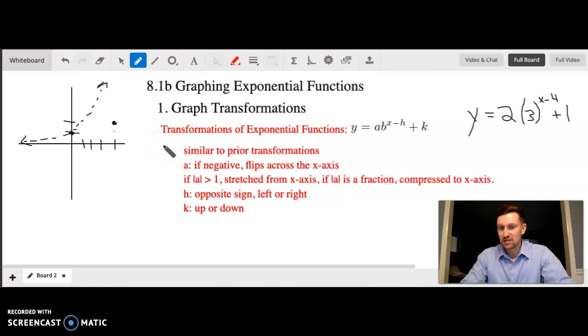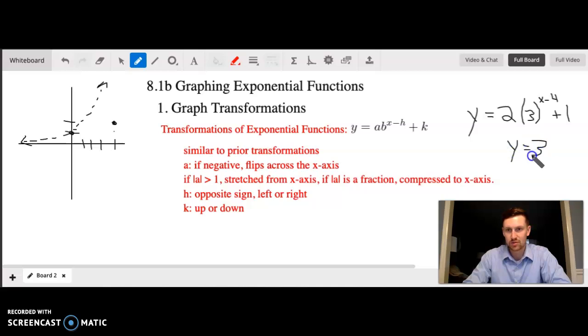Now the tricky part with these is that the x-axis is your asymptote, and that also can move. And that's the tricky part, is where to graph these. So let's look here. Essentially what happened is that we have our normal exponential graph, okay, which would be something like this, y equals 3 to the x, right?